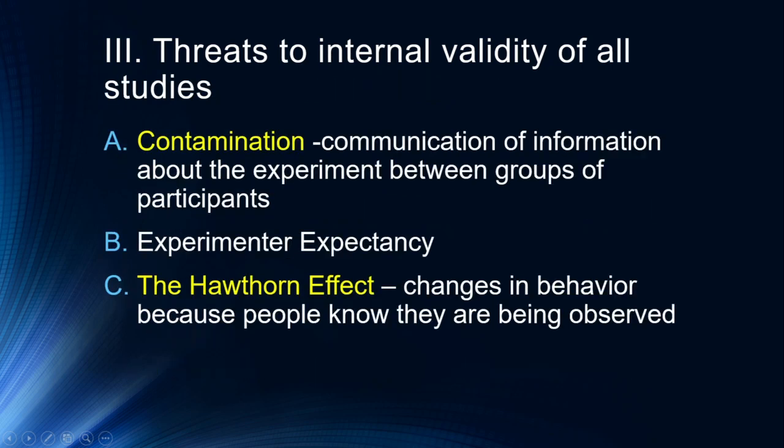Okay, some threats to the internal validity of all studies. First is contamination. This happens where you get some communication of information about the experiment between groups of participants. So let's say I've come up with this really nifty way to learn biology. And so I go to one introductory biology class on a college campus, and I use this nifty study tool to teach them biology.